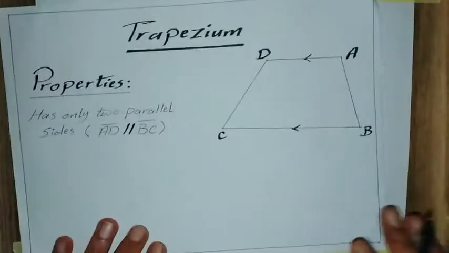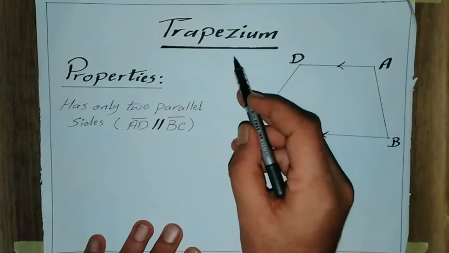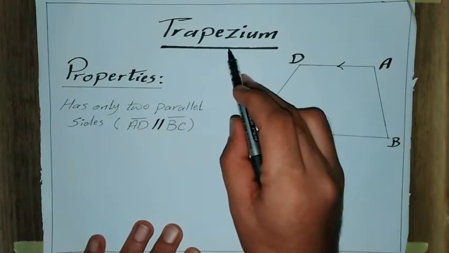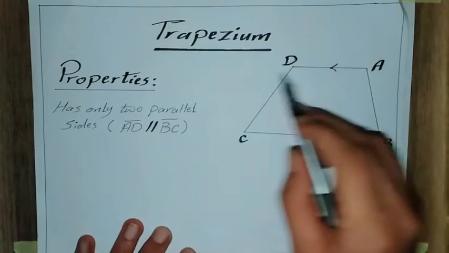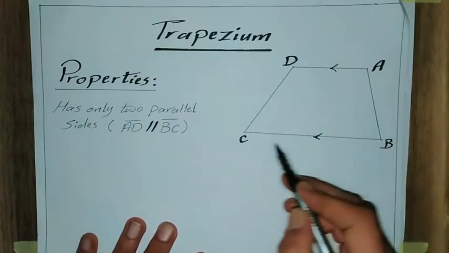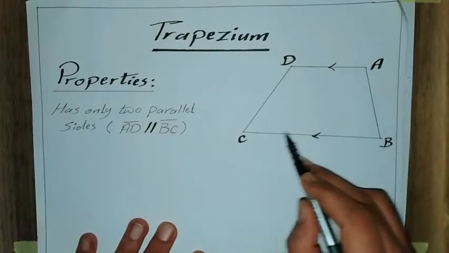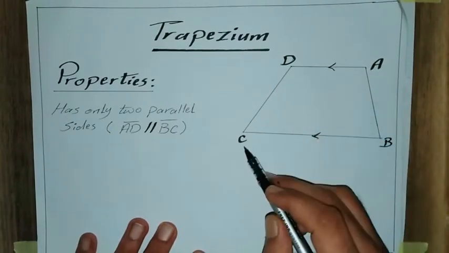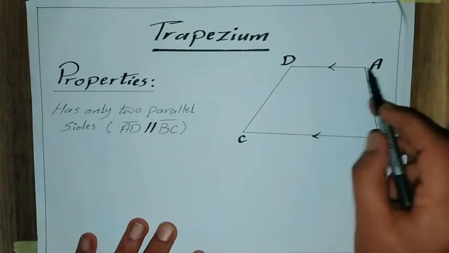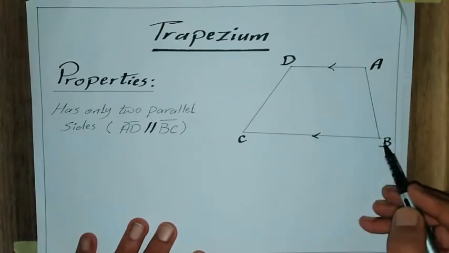The last quadrilateral is trapezium. Trapezium is a quad which has four sides and only two parallel lines, like AD is parallel to BC.